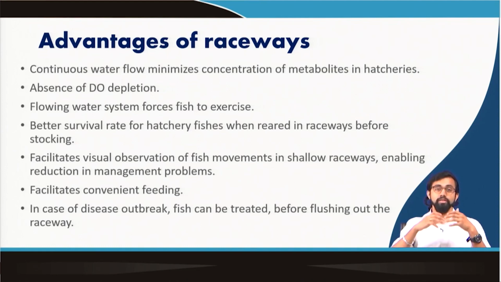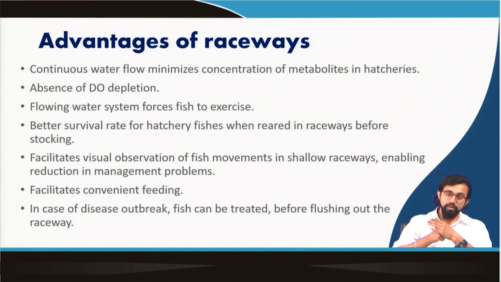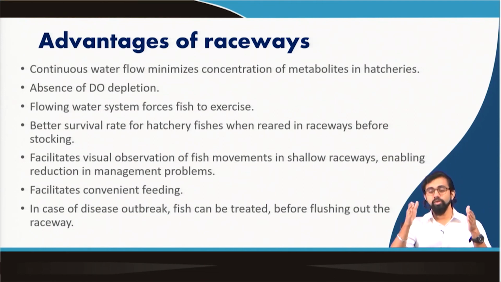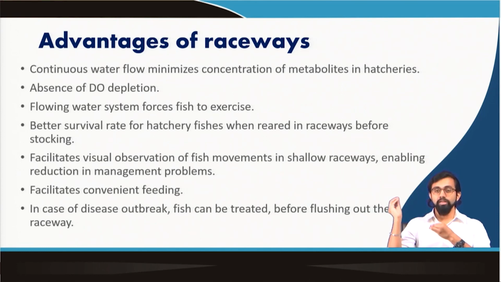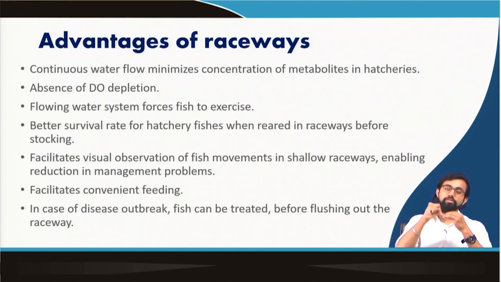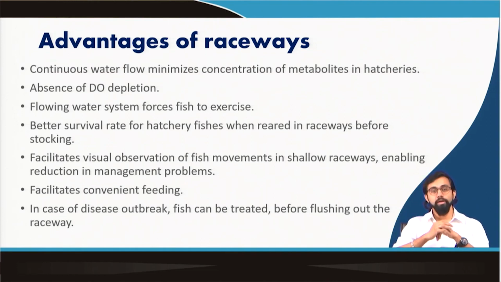That is why in raceways we rear the hatchery fishes, and then we go for stocking. Stocking can be done in a stagnant water body as well, or we can go for the marketing pond, which is a little bit smaller than the stocking ponds, where you can put the fish just to wait for the market demand. The moment there is market demand, you just harvest it from the marketing pond and transport it to the market.